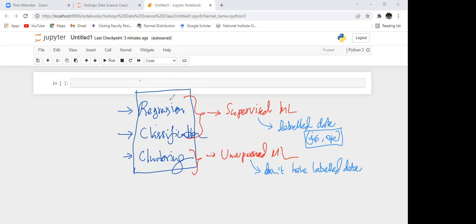Out of these three, again, when we talk about regression, we are actually talking about those techniques which are kind of, you might have heard of this term, curve fitting techniques.